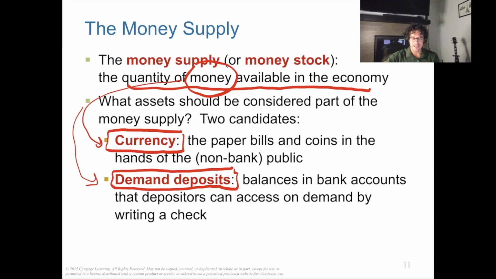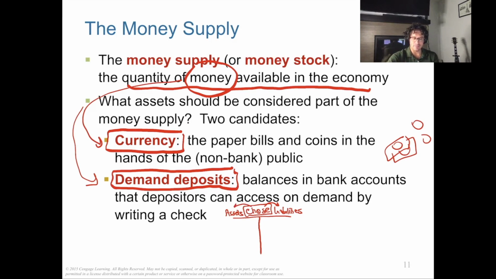Let me try to be precise, because I think it's clear to everyone what currency is, really the dollar bills or the coins, so let us clarify what these demand deposits are. Suppose this is Chase. Here is the T representation of the accounting of Chase, where you have the assets on one side and the liabilities on the other. Liabilities are what Chase, as a commercial bank, owes to the public, or its depositors. We're going to get there.